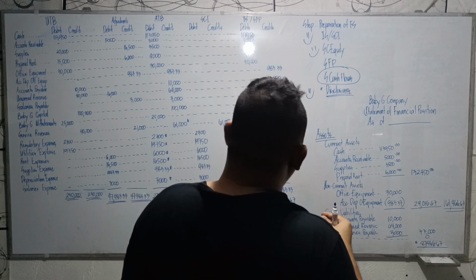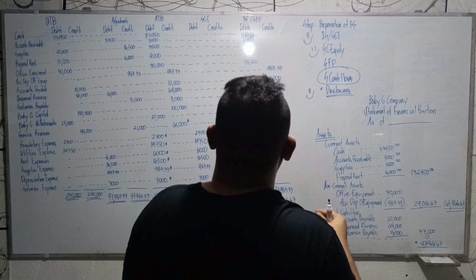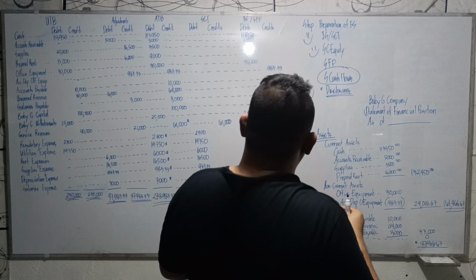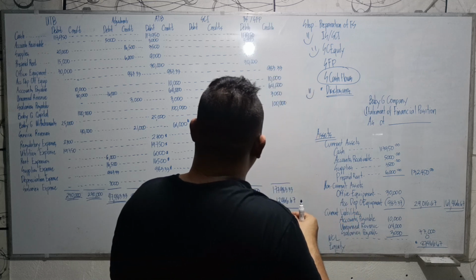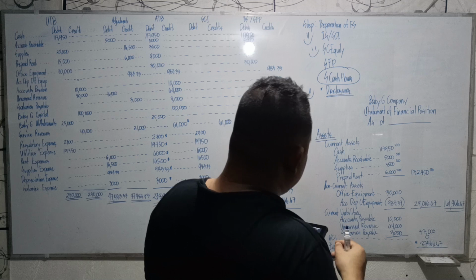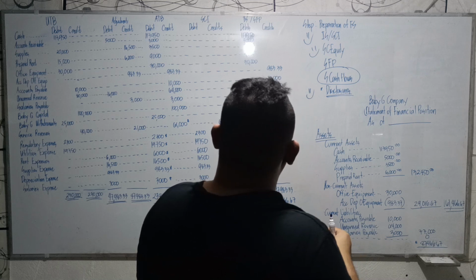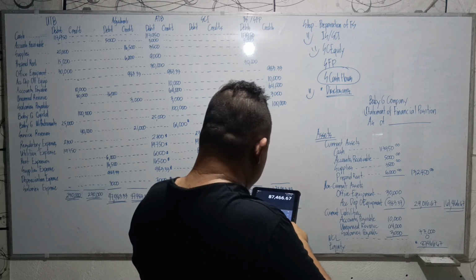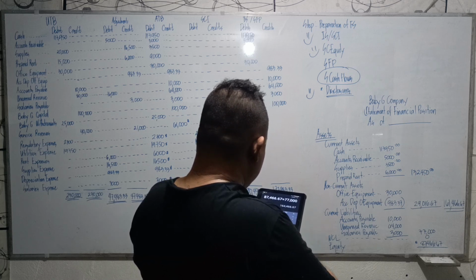we have 64, we have 10, we have 3, we have 100, we have 25, we have 12. So that's 87,466.67 plus 77,000.